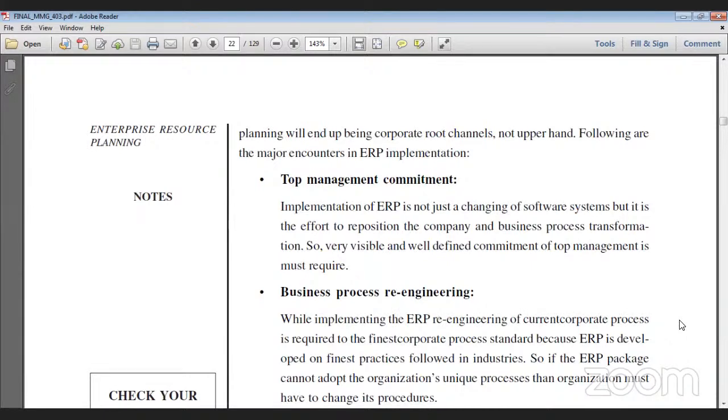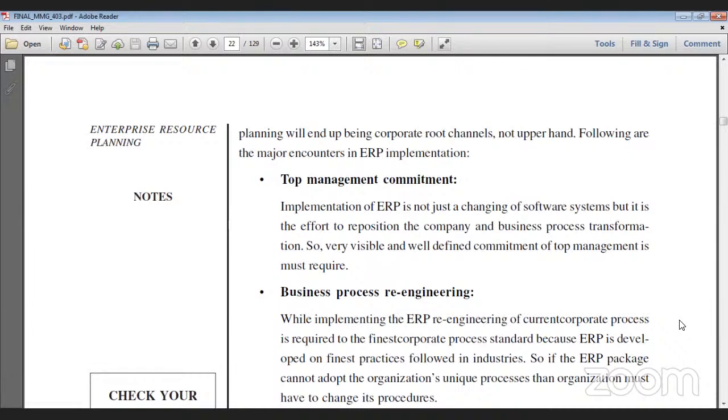Following are some major encounters in ERP implementation. The first one is top management commitment. Implementation of ERP is not just changing a software system, but it is an effort of repositioning the company and business process transformation.